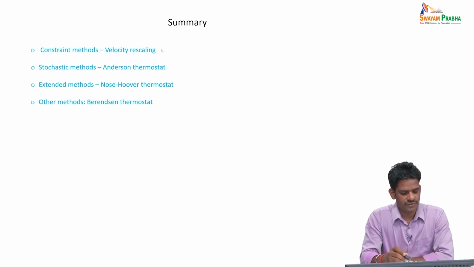So to summarize, in this lecture we looked at some algorithms, methods by which temperature can be maintained constant in the MD simulation. The first method is called constraint methods. One example of such a constraint method is velocity rescaling.